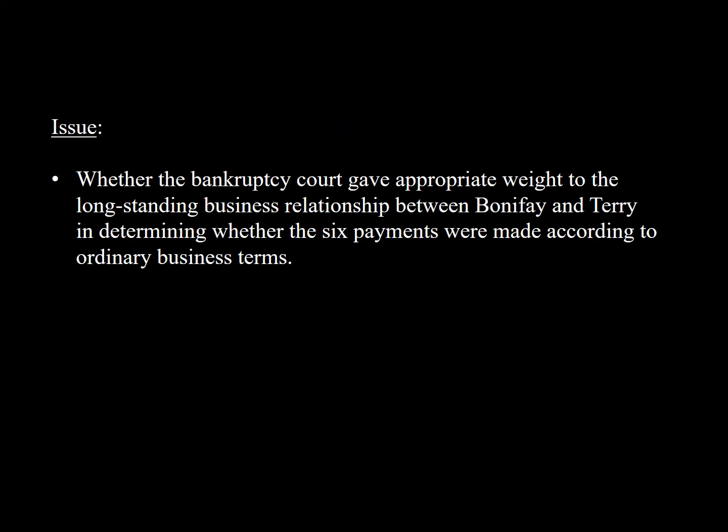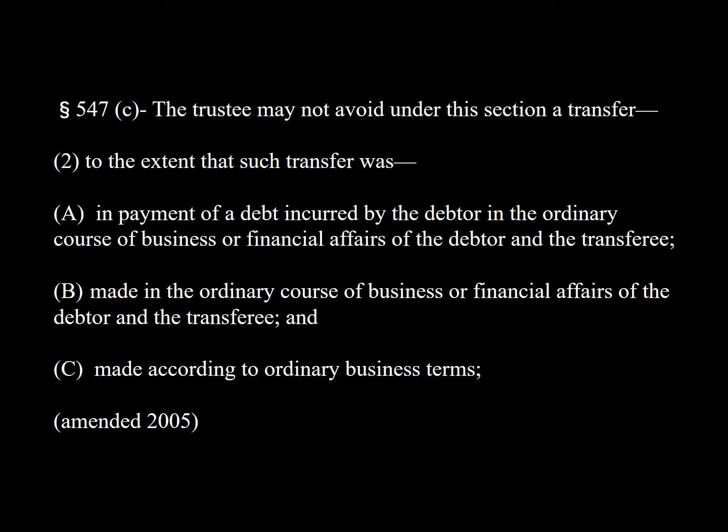That's the issue. This is the statute, 547. This is the relevant part of the statute. This is yellowed out, 547(c), because this is the industry standard, and that was the main issue in this case. But obviously 547(c)(2)(A) and (B) are also important, especially (B). That was the argument of the defendant.